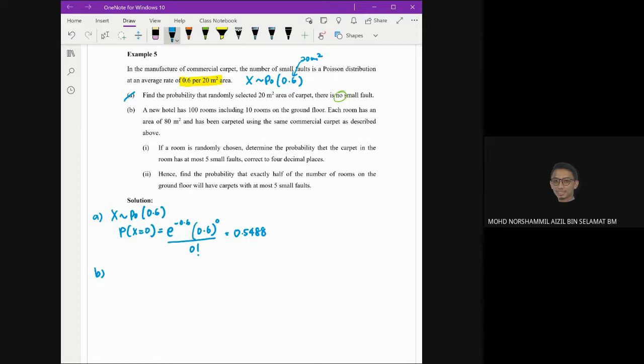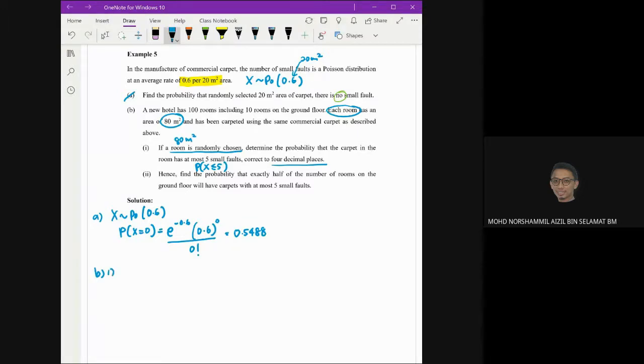So x less than or equals to 5. Each room is 80 meter square.